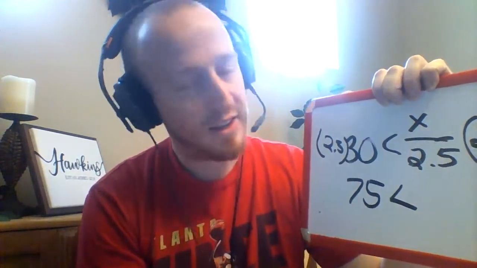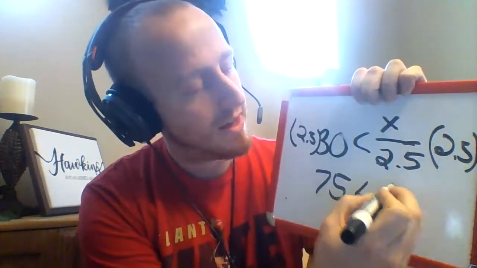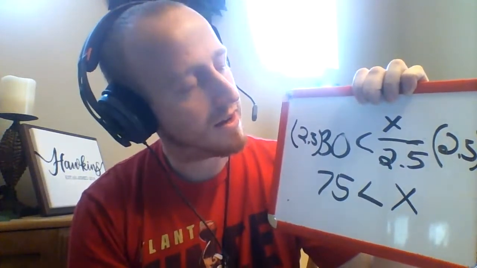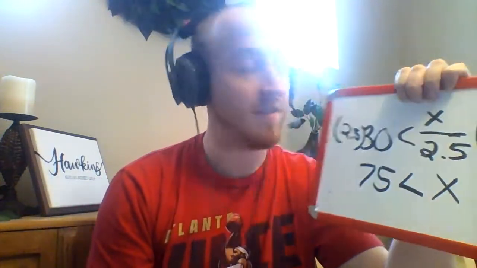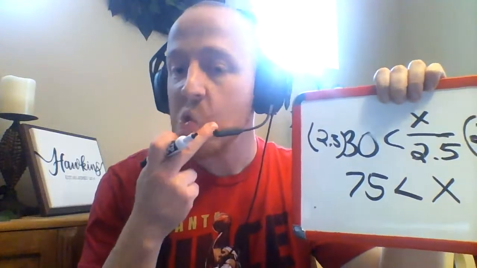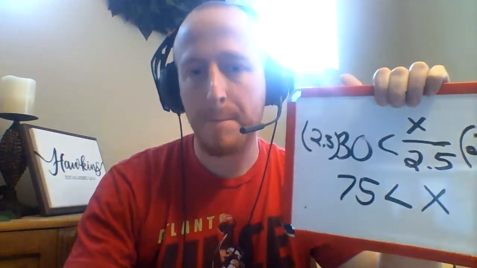Leave the inequality sign the same direction. And it would be 75 is less than x, or x is greater than 75. So not 30 greater than 75. X is greater than 75.